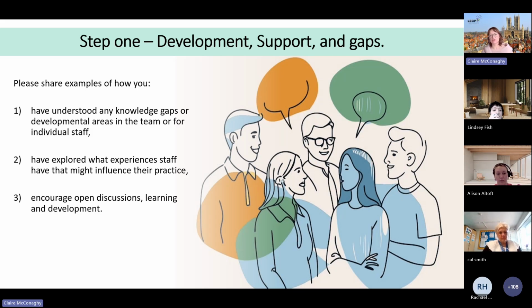So if we could just have from people around the knowledge and understanding, knowledge and gaps within teams and staff, what might be influencing practice, and how to encourage open discussions and learning and development within teams as well. So this can be wider than child neglect, but it's just to get started really about how this is taking place already.